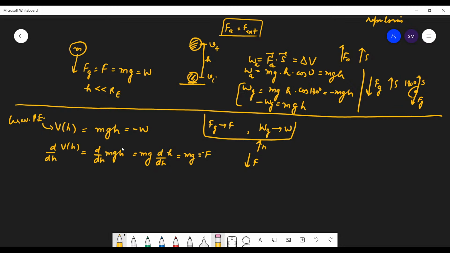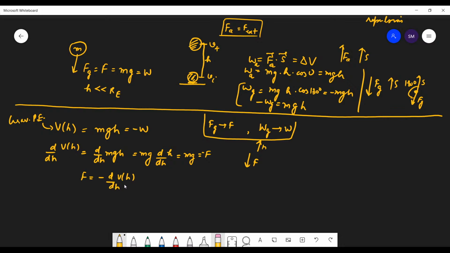So here V(h) is equal to mgh, and it is equal to negative work. So the gravitational force will be equal to this, or I can write further that gravitational force is equal to, either I write the negative sign here or here, minus dV(h) by dh.